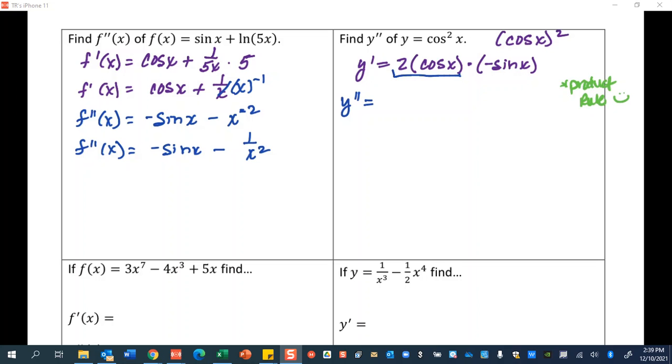Write the first term. 2 times the cosine of x times the derivative of the second term, which is going to be the opposite of cosine.